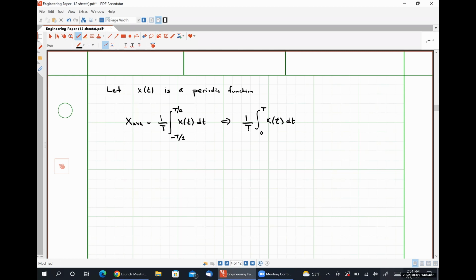For our power equation, this is going to look like 1 over the period.